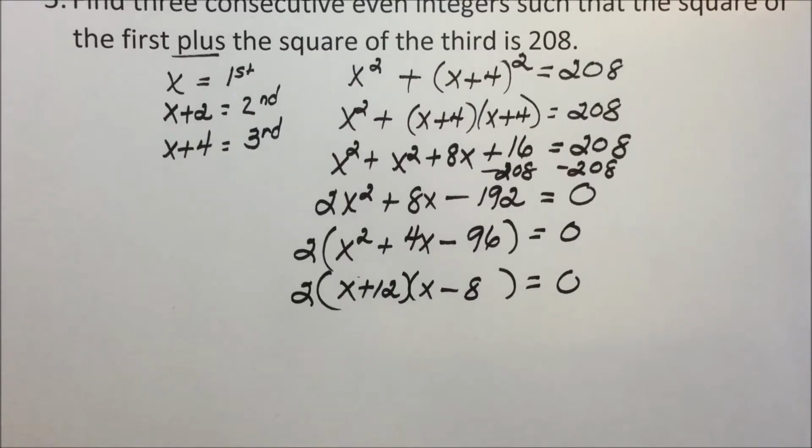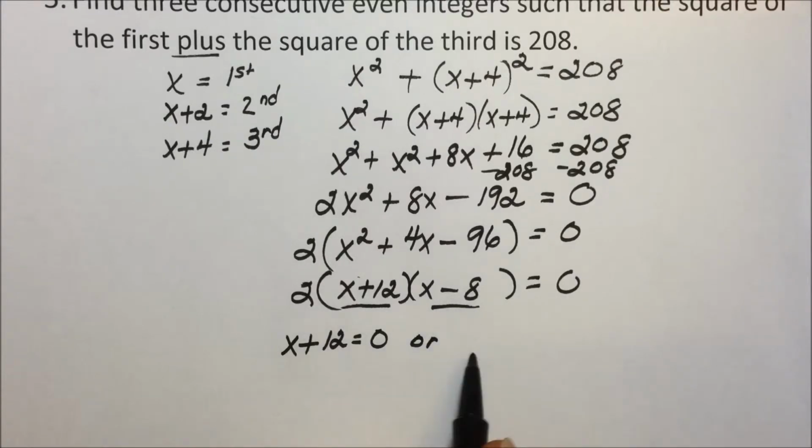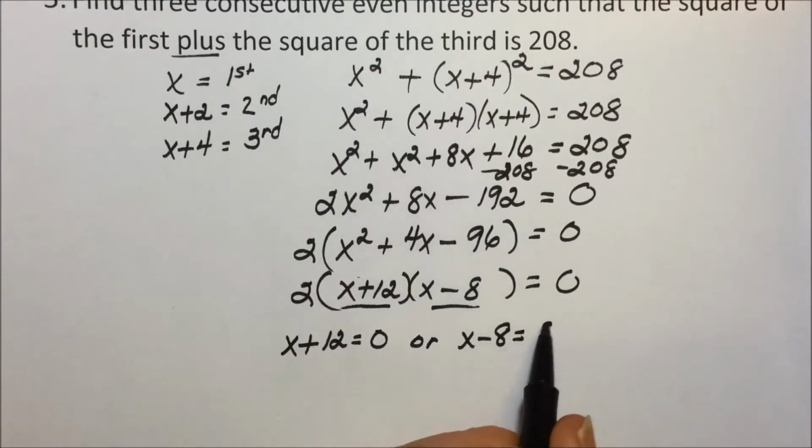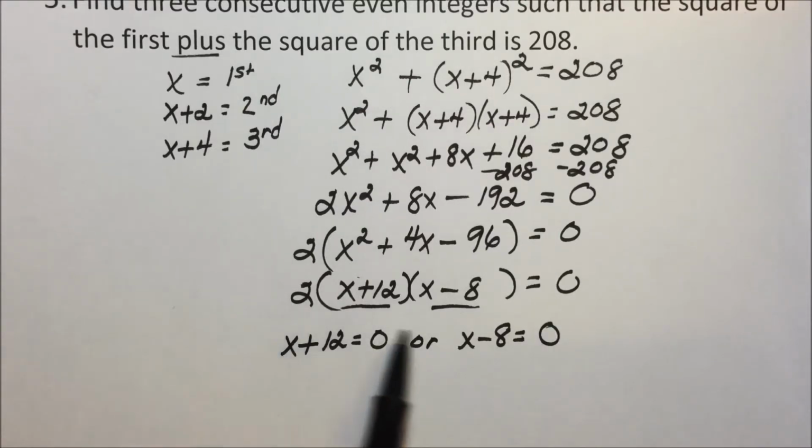We now can apply the zero product property, which means we're going to set these two factors equal to 0. Either the x plus 12 equals 0 to make this a true expression, or this factor, x minus 8, is equal to 0. The 2, being an integer, will never cause the equation to equal 0, so we can discard 2 as a possible solution. On its own, it doesn't equal 0.